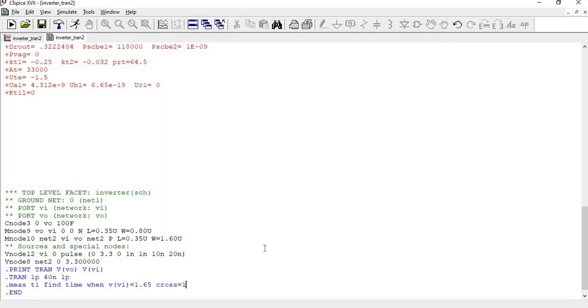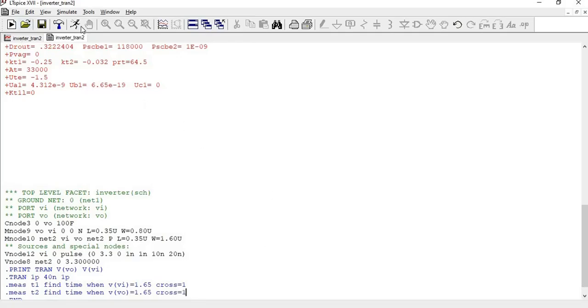So measure T1, find time when VI is equal to 1.65 cross 1. Then measure at the output, that measure T2, find time when V out is equal to 1.65 cross equal to 1.